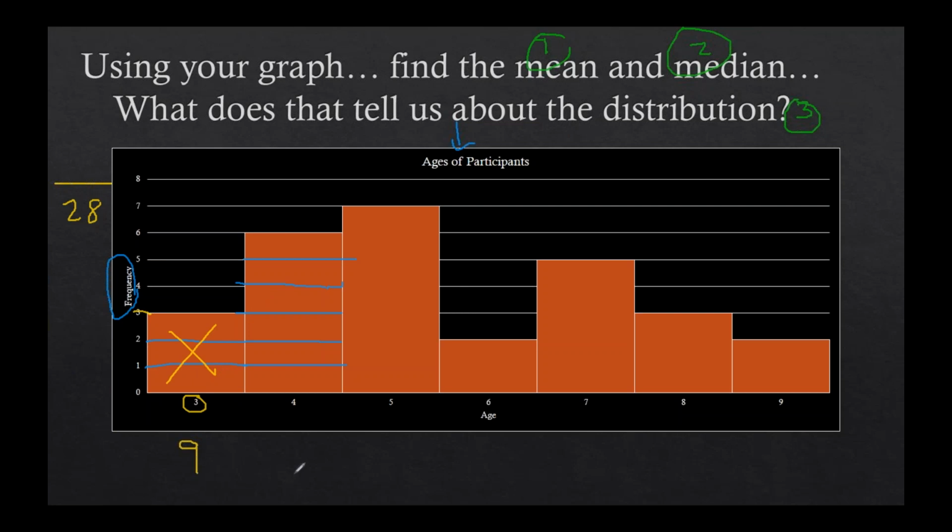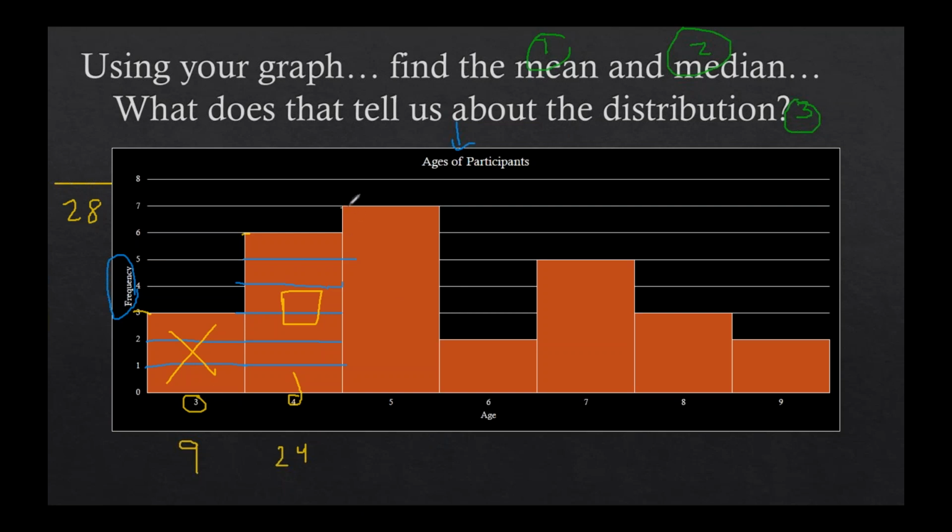Because there are 3 3-year-olds, so 3 times 3 is 9. Then if I go to my 4-year-olds, I have 6 4-year-olds. That's 24 years total because 6 times 4 is 24. Stop me if this doesn't make sense.